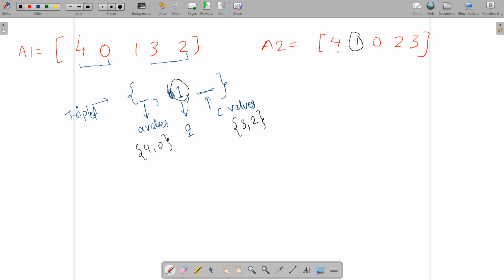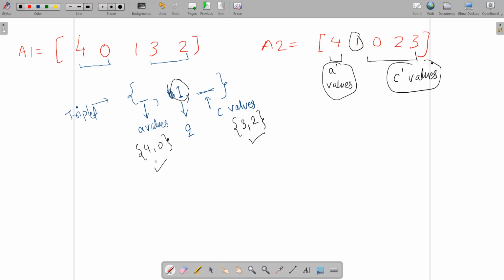So we are also dividing array A2 into two sets: the A dash values and the C dash values. It means that when we want a triplet to be good, we will choose some element from here and some element from here. And for a triplet to be good, these indices must be part of the A dash values and C dash values also.